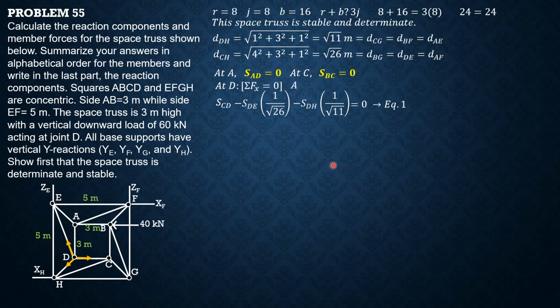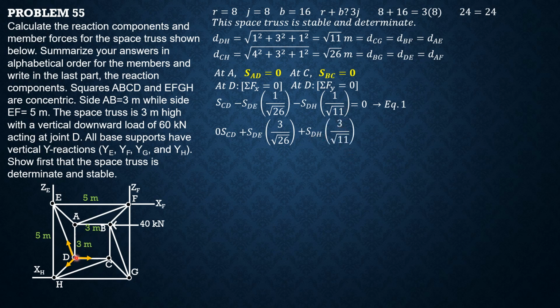Equation 1. Summation of forces Y at D equals 0. Downward positive, so only 2 members are downward here, DE and DH. CD is horizontal on the top, so 0 SCD, then plus SDE times 3 over square root of 26 because the space truss is 3 meters high, then plus SDH times 3 over square root of 11.